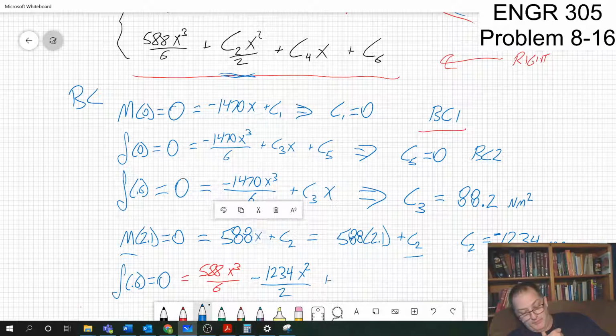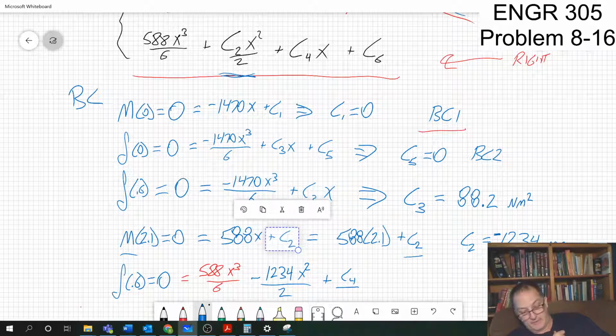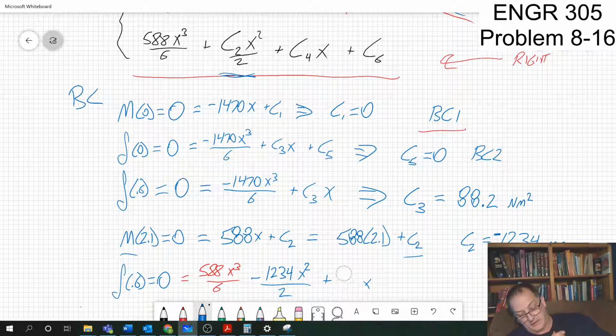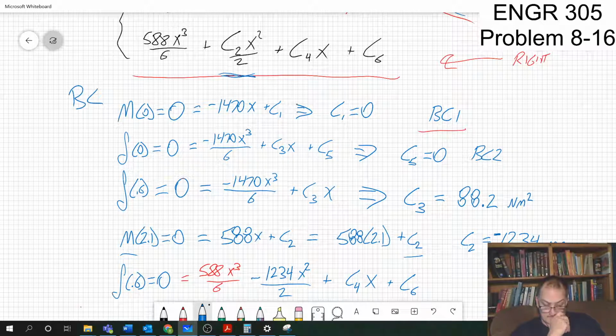And then plus C4x plus C6. Sorry, I didn't want to put that in there. Just rewrite that. C4x plus C6. All right.